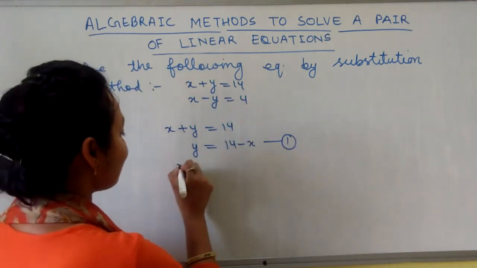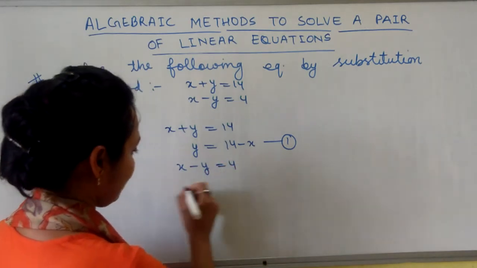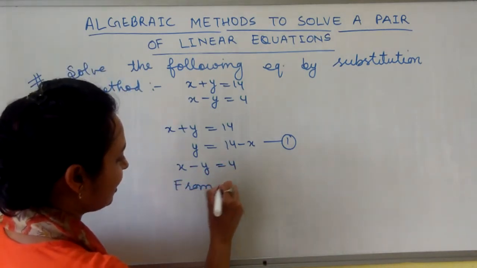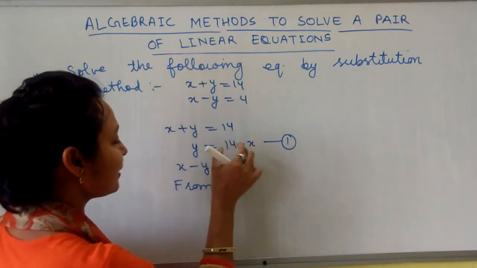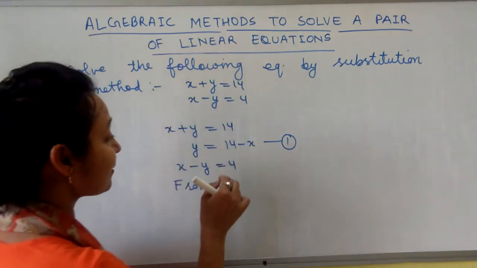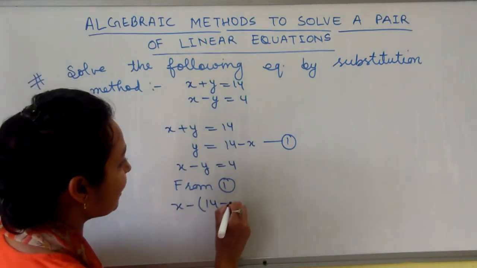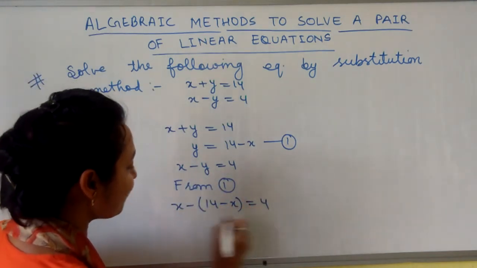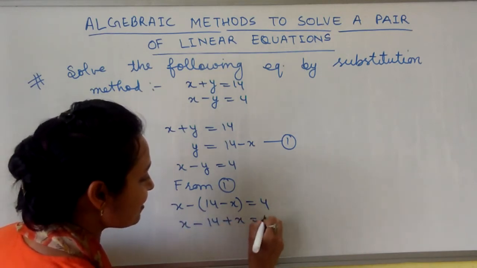Okay, so I will put the value here, x minus y is equal to 4. From 1, the value of y is equal to 14 minus x. So I will take that value in place of y. x minus (14 minus x) is equal to 4. It will be x minus 14 plus x is equal to 4.